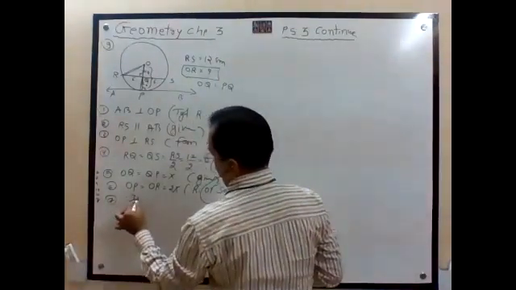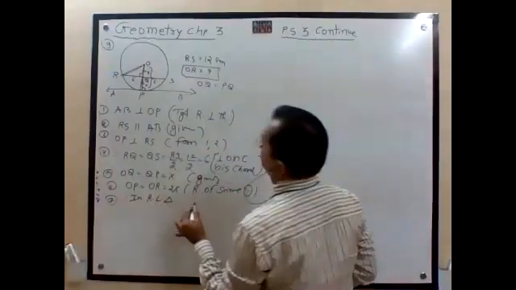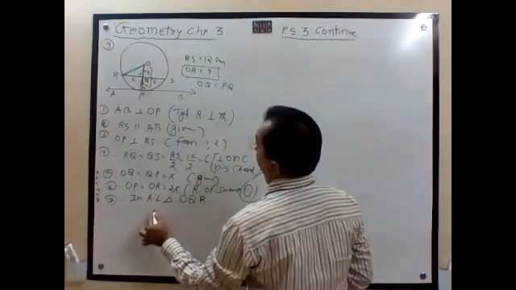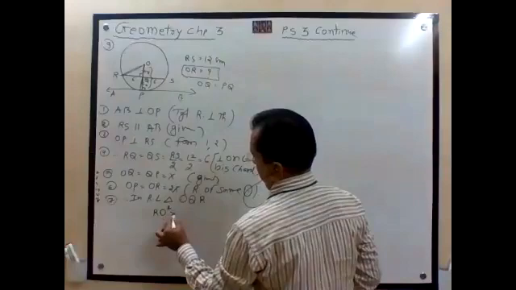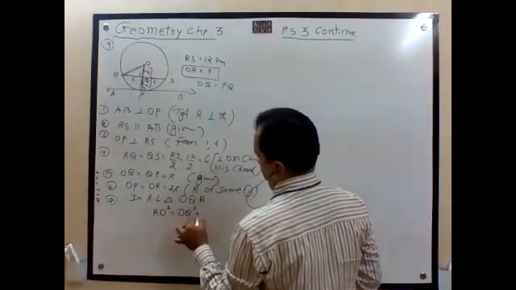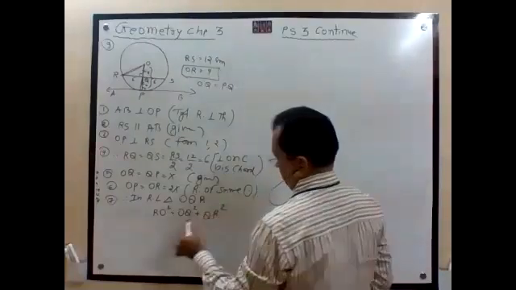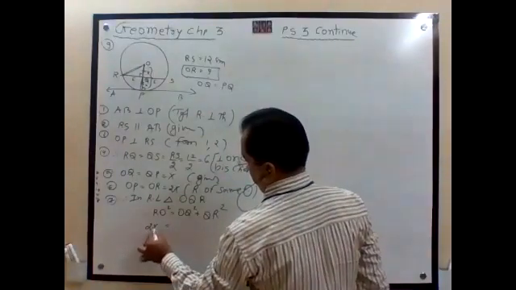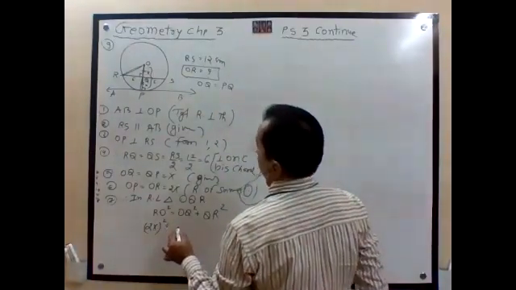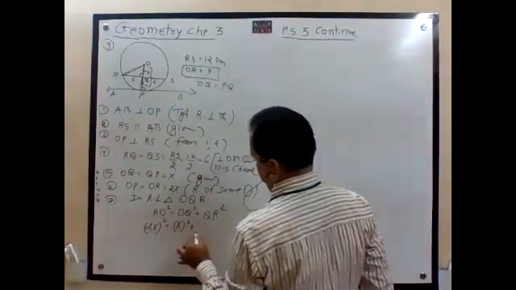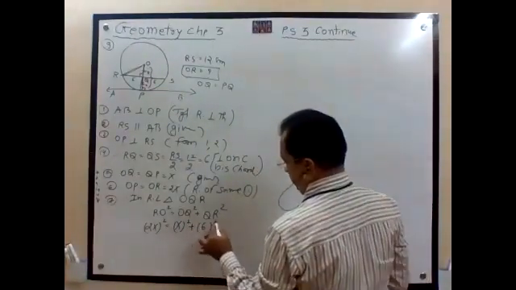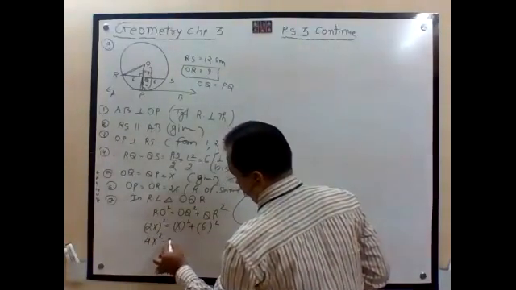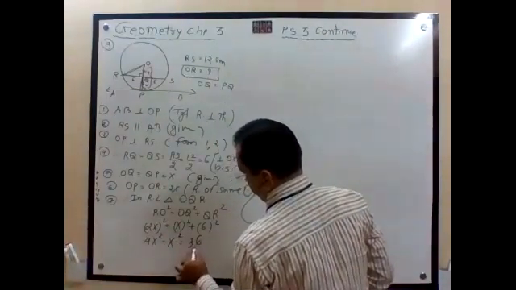Therefore, in right angle triangle OQR, RO square is equal to OQ square plus QR square. So RO square is 2x whole square. OQ is only x square. QR is only 6 square. So 4x square, this comes to this side, minus x square is equal to 36.